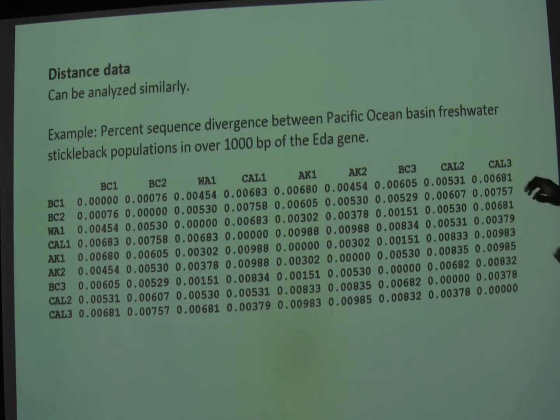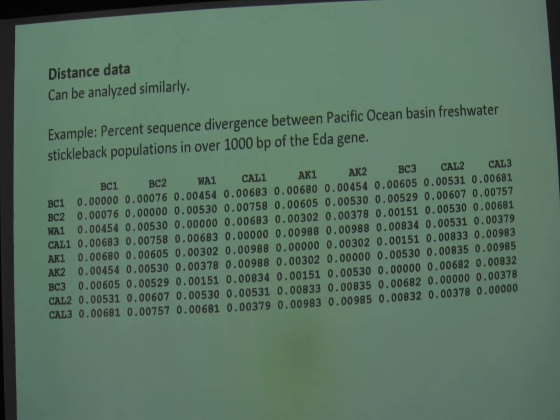But there's variation in the non-coding regions of this EDA gene, and my collaborators sequenced 1,000 base pairs. This matrix is just different lake populations from BC, Washington, California, Alaska, and the number in this matrix is just the genetic distance between the two sequences.